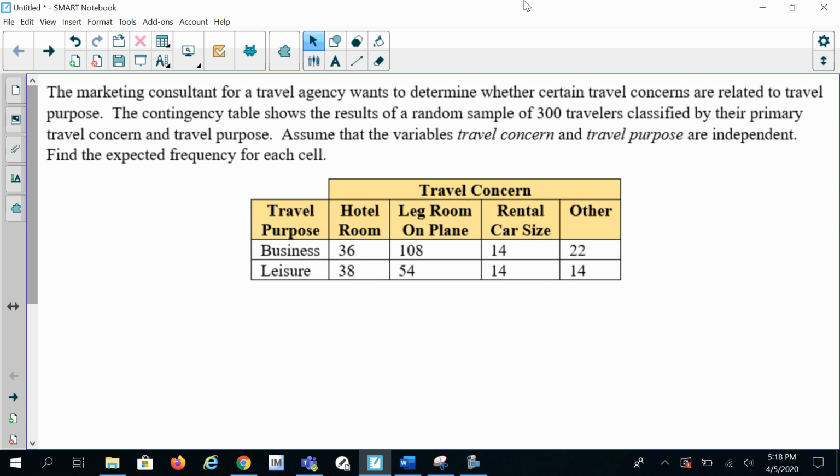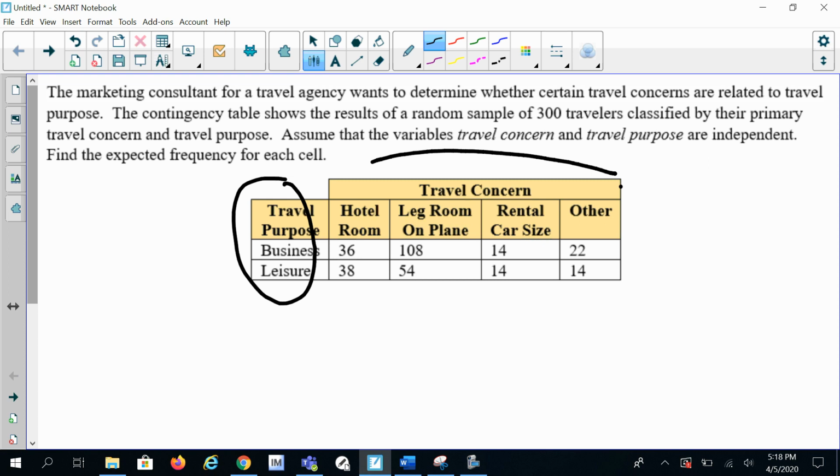But before we get into that, I want you to notice that there is a difference between this table we have here and the tables we're dealing with in 10.1. The big key thing that's different is the fact that we have 2 variables. We have one variable here and one variable here: the travel purpose and the travel concern. In the last section, we only ever had one variable, such as the color, or how people got their taxes done.